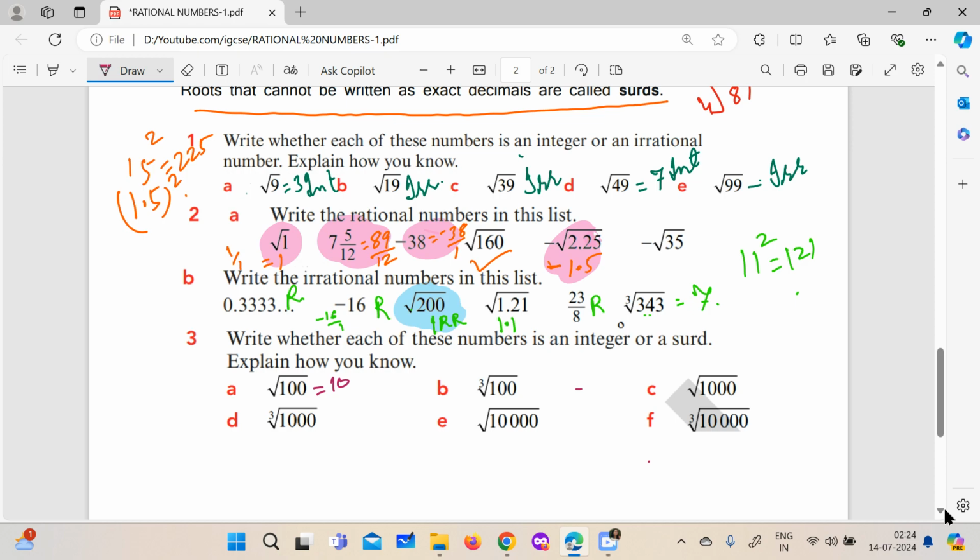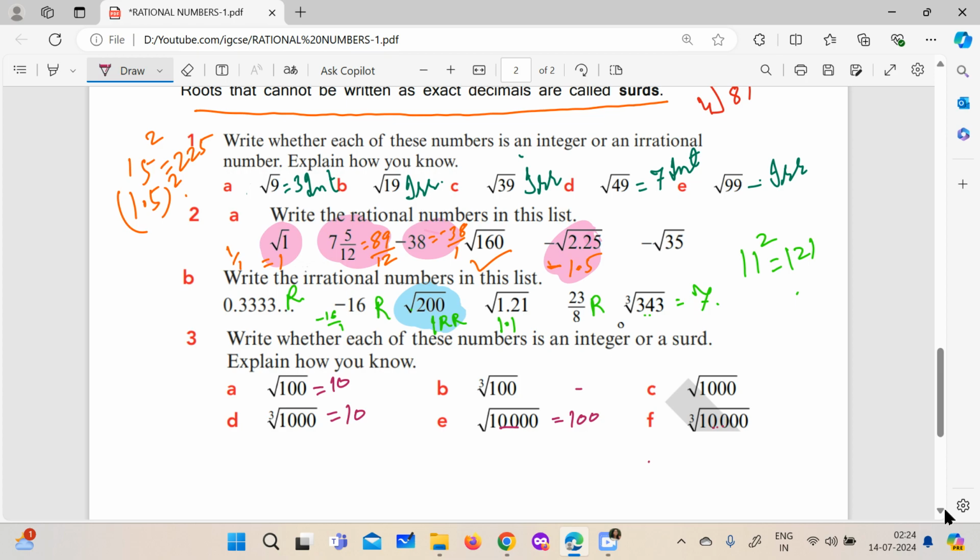Then square root of 1000, this also we cannot find. Then cube root of 1000, and we know very well cube root of 1000 is 10. Then square root of 10,000 is 100. And then cube root of 10,000, we cannot find this.